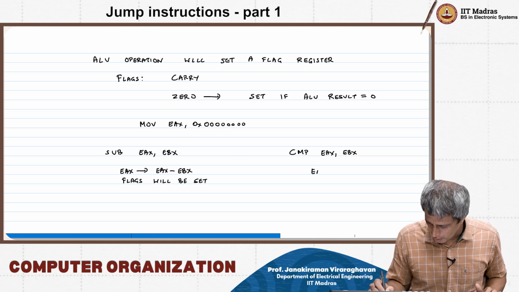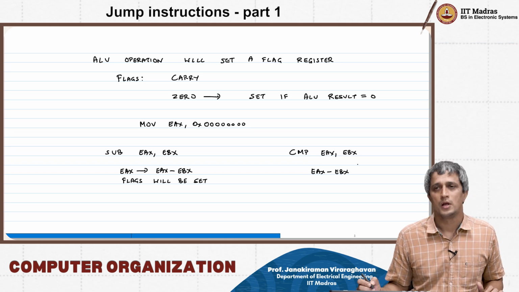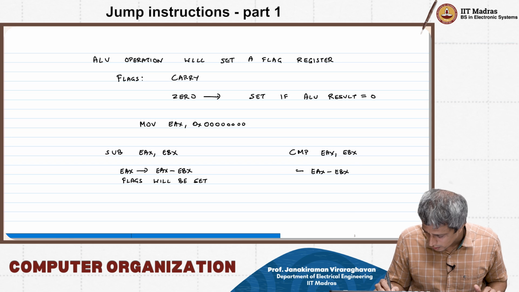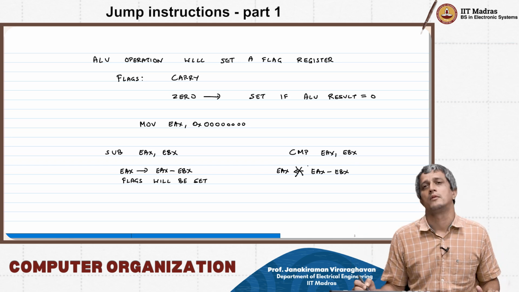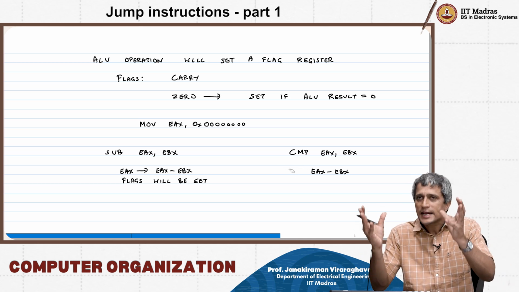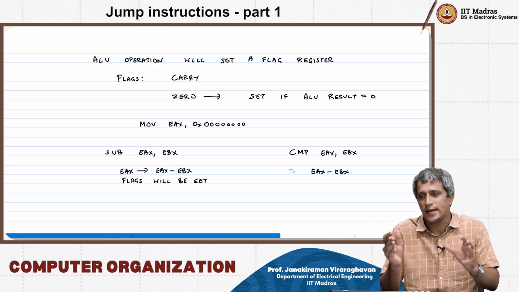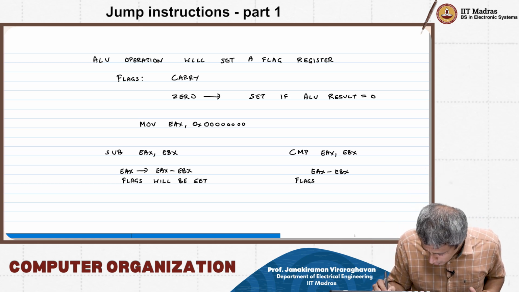It will do EAX minus EBX, but it will not write the result back into EAX. This will not happen. And therefore it only does the EAX minus EBX operation in the ALU, and then the same flags will be set.